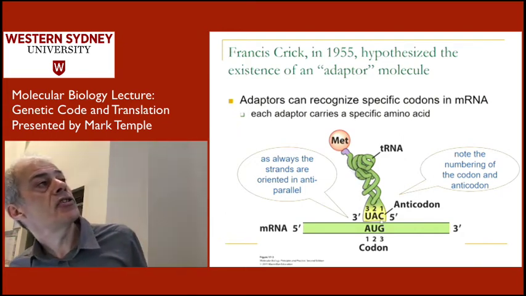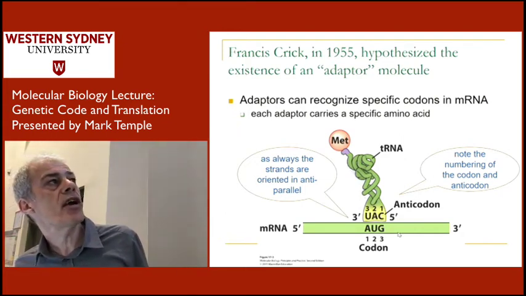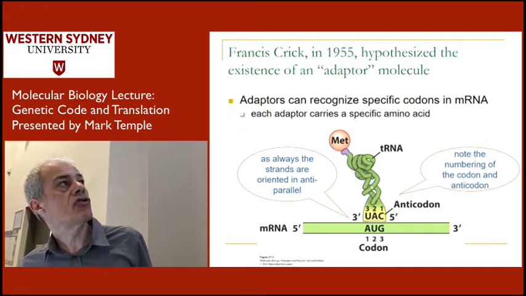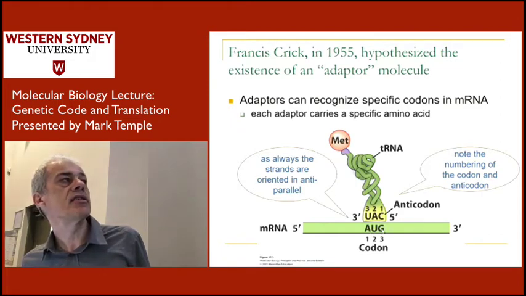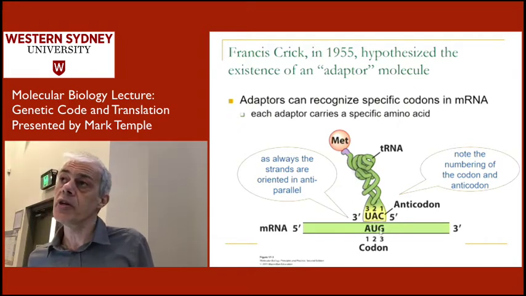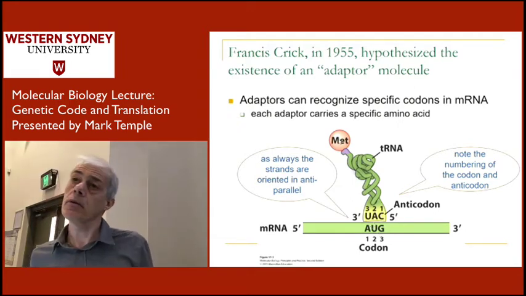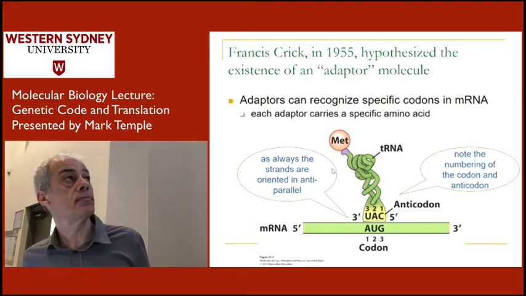And this is just showing that there's some complementary base pairing between part of the transfer RNA in the anticodon and this codon here, these 3 nucleotide bases. There are 64 combinations of this triple nucleotide, and there are 20 amino acid residues that can be chosen.